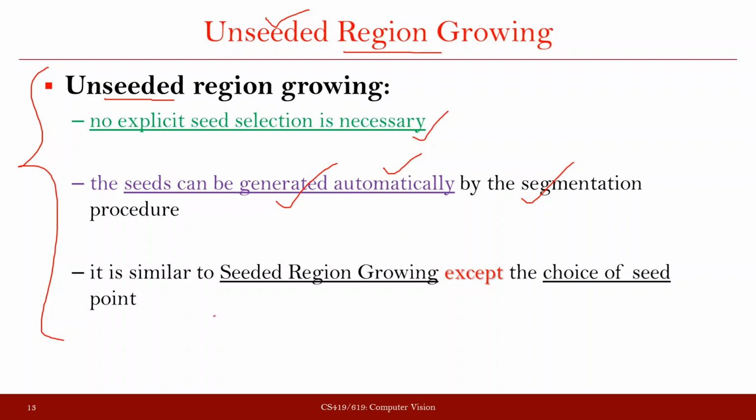It is similar to seeded region growing, except for the choice of the seed points. There you explicitly say that this is a seed point and the whole procedure is carried out based on that. In this case, the segmentation technique itself uses some characteristics or criteria to choose the seed point.